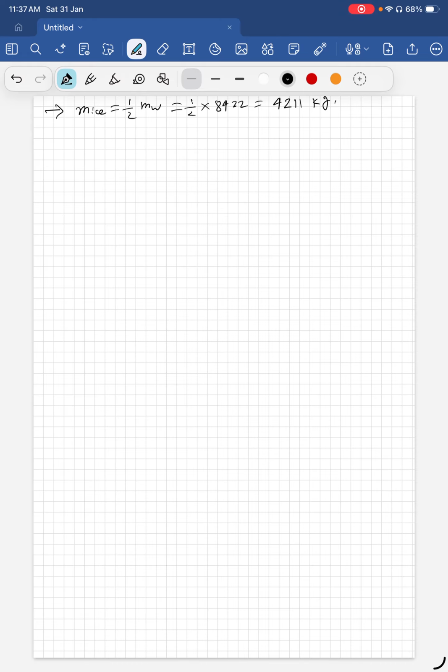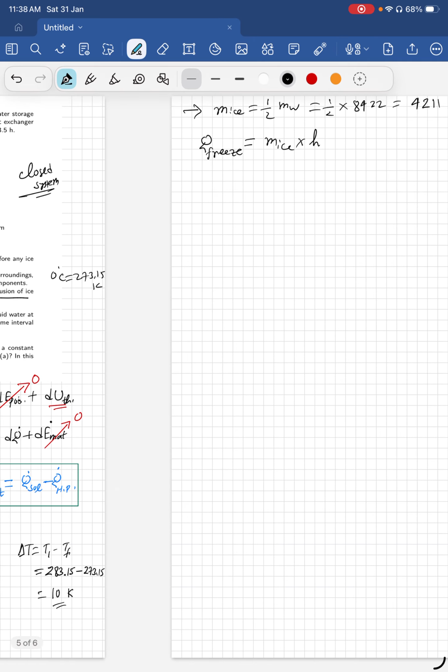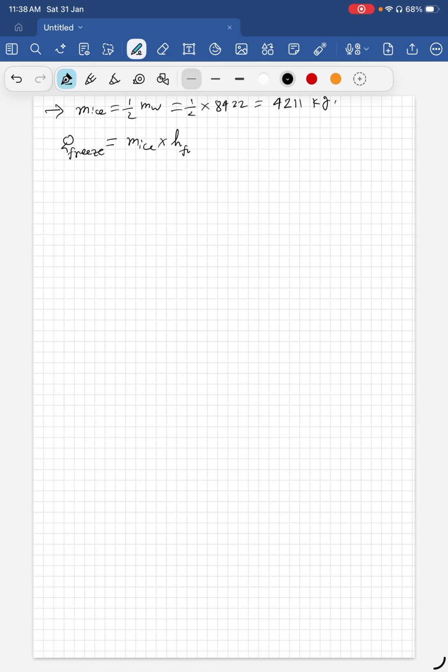So now if you want to calculate the freezing energy, it will be Q freeze. I am writing it down. It will be the mass of the ice times the latent heat of fusion of the ice, which is given as 333 kilojoule per kg. So 4211 kg times 333 kilojoule per kg.